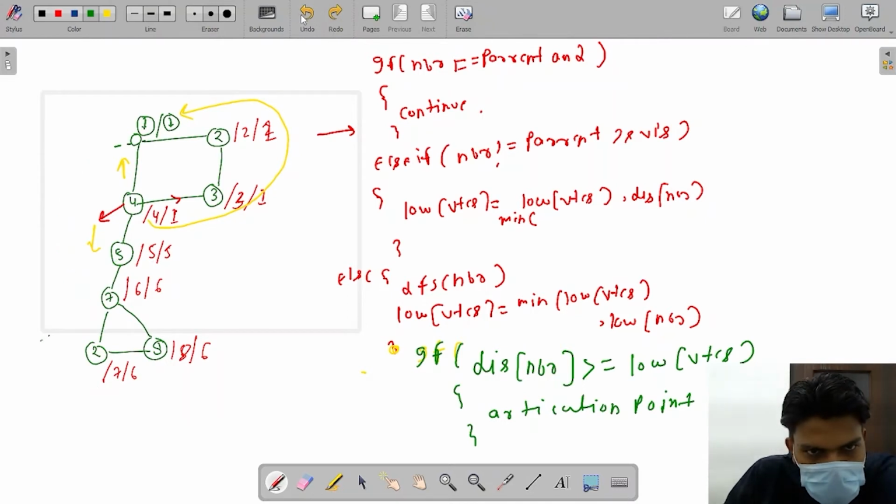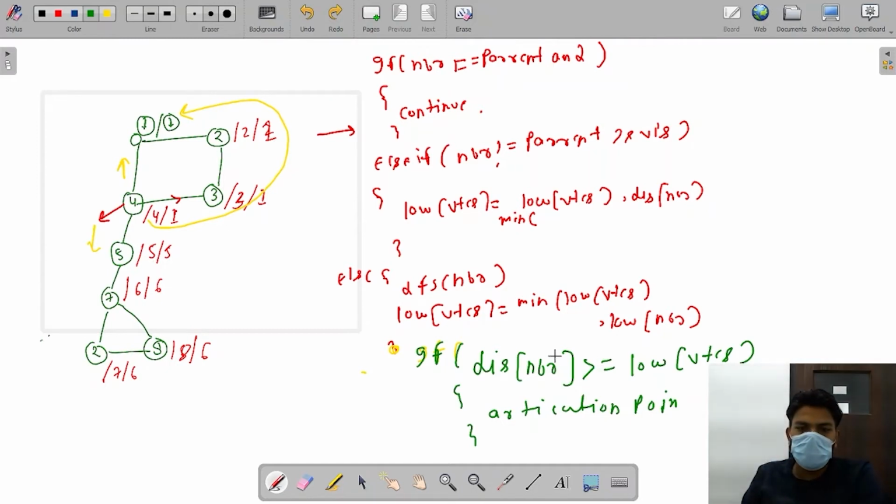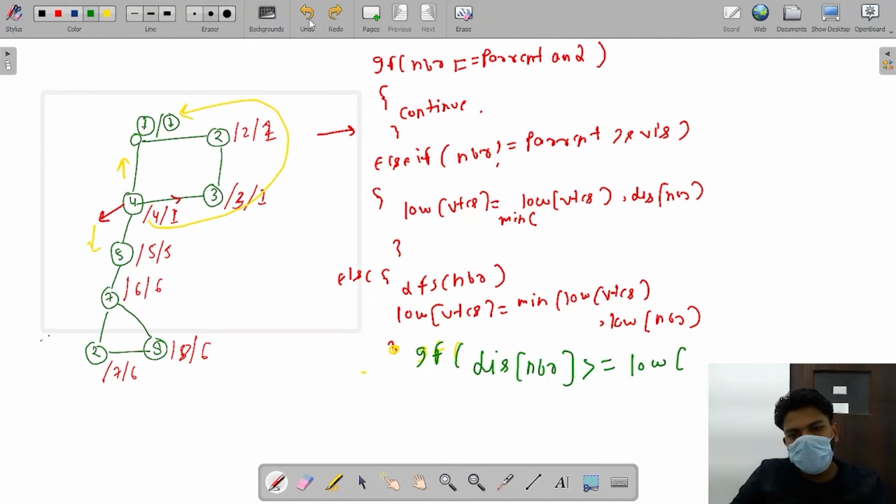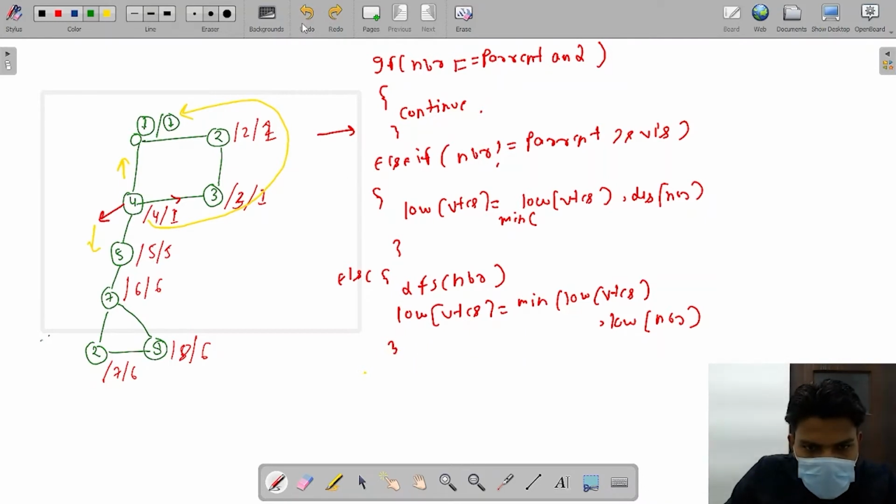Let's clarify at the stage of 4. How many neighbors does 4 have? 4 has three neighbors. This neighbor is the parent, so we have to ignore this path.